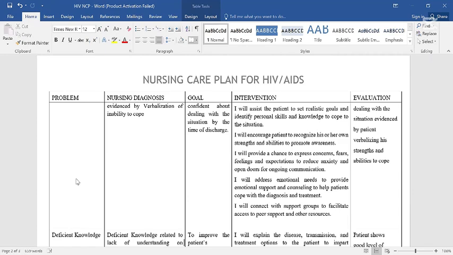Number four, I will provide a chance to express concerns, fears, feelings, and expectations to reduce anxiety and open doors for ongoing communication.